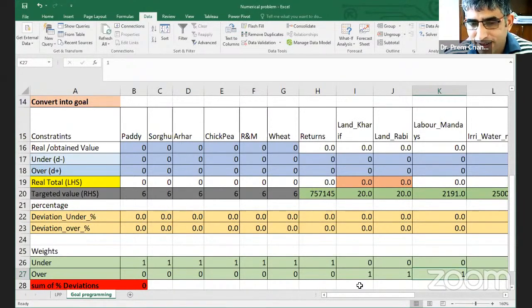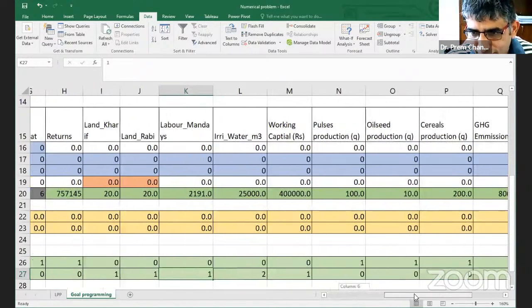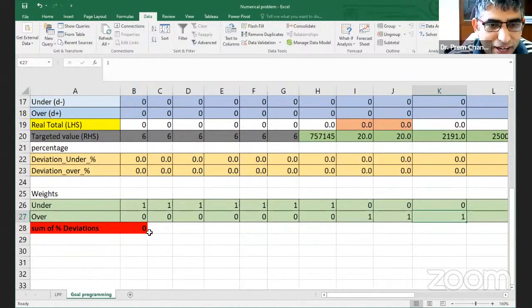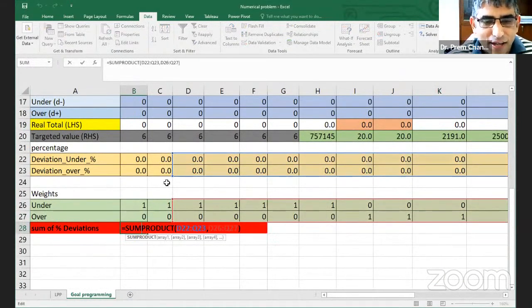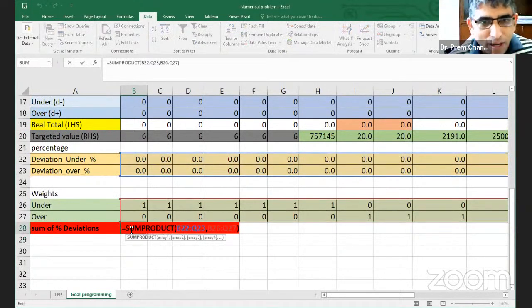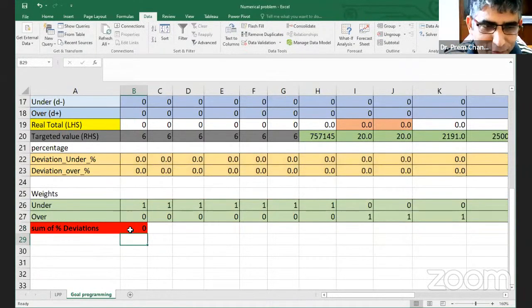So I have assigned weights to each of these goals, and I have summed up the deviations. My objective function now becomes minimization of deviations from the goal set.